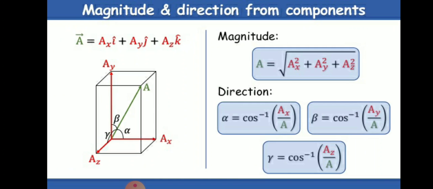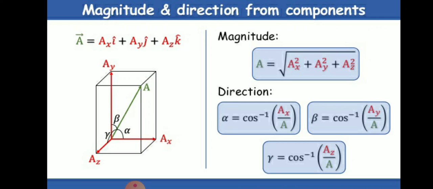Now the magnitude and direction from components of three-dimensional vectors. Vector A in the x, y, z plane is a sum of its components along the x, y and z axis. That is vector A is equal to Ax i cap plus Ay j cap plus Az k cap. Its magnitude is A equal to the square root of Ax square plus Ay square plus Az square.